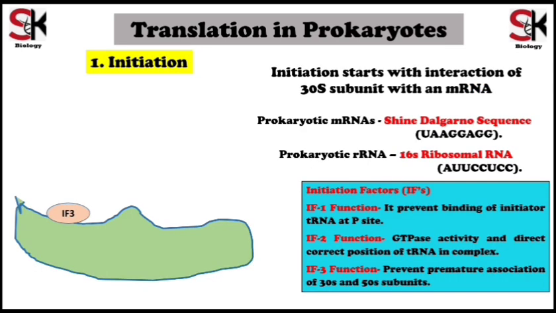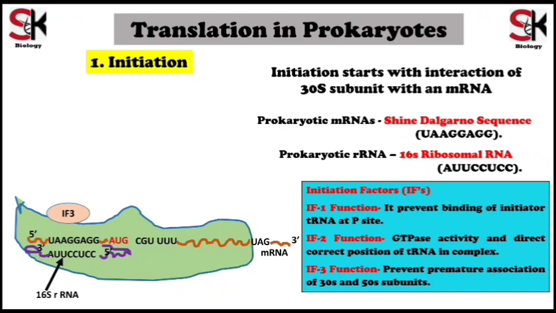First step is initiation. Initiation starts with interaction between the 30S subunit and mRNA. In the 30S subunit of the ribosome, 16S ribosomal RNA is present, which aligns with the Shine-Dalgarno sequence of mRNA. Protein synthesis begins at the start codon AUG on mRNA.